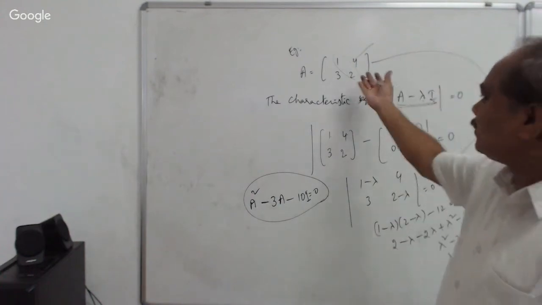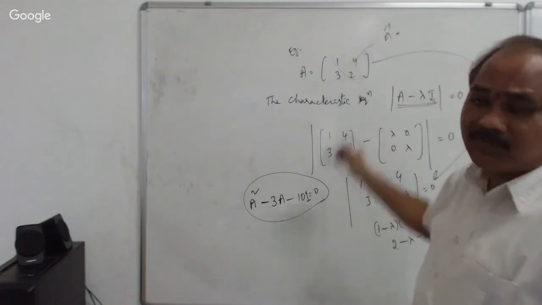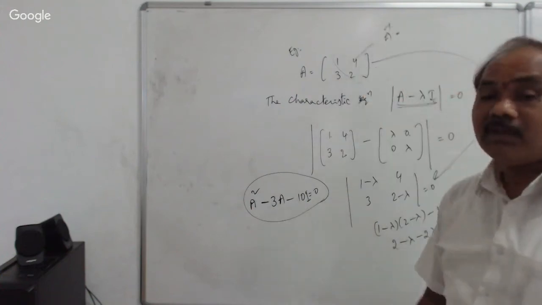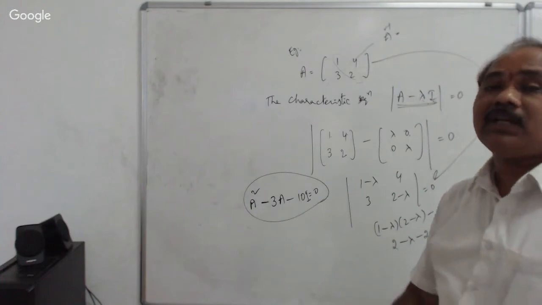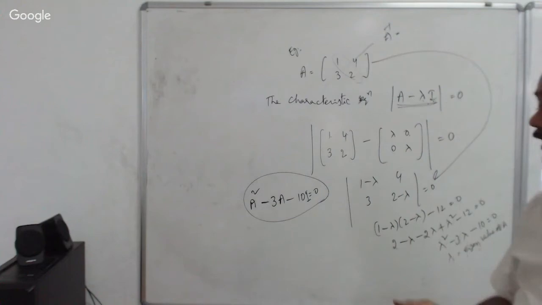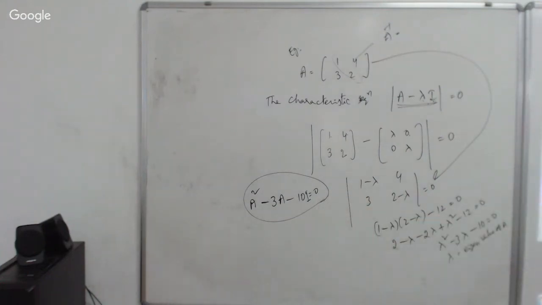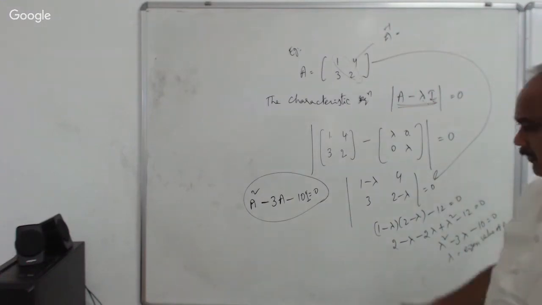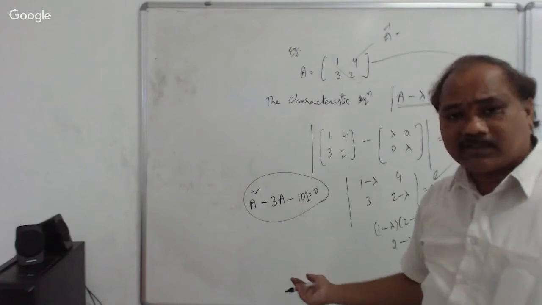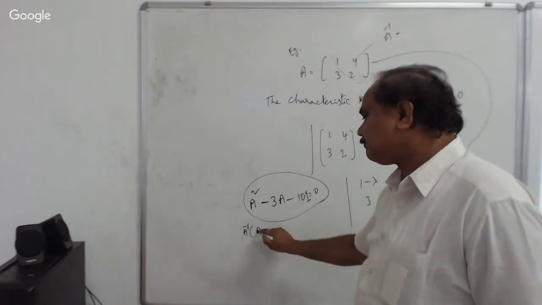Of course, for a 2 by 2 matrix you have a direct formula for A inverse. But for a 3 by 3 matrix, how to find A inverse? Of course, we have a very lengthy method. I think this is the easiest method for you. Now for this matrix, you can find A inverse also. How? Multiply with A inverse.